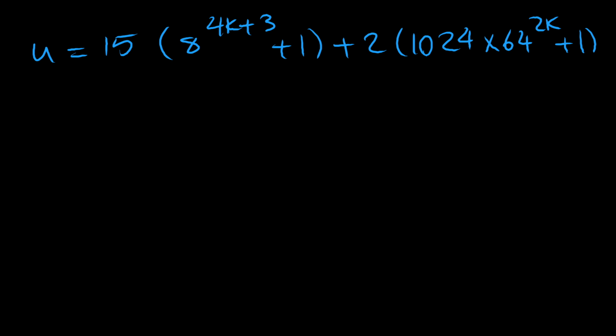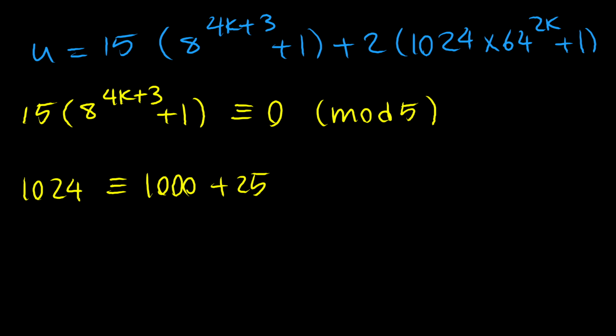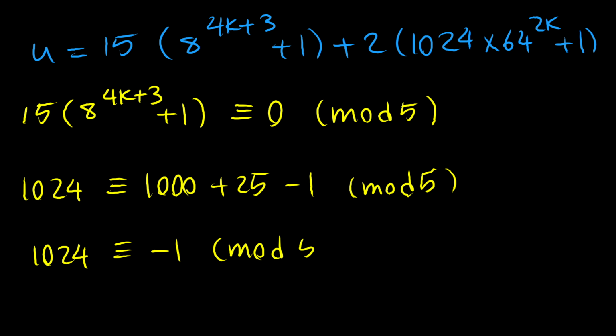Now, since 5 is a factor of 15, I can say that 15 times 8 to the power of 4k plus 3 plus 1 is congruent to 0 mod 5. And I can say that 1024 is congruent to 1000 plus 25 minus 1 mod 5, which means that 1024 is congruent to negative 1 mod 5.